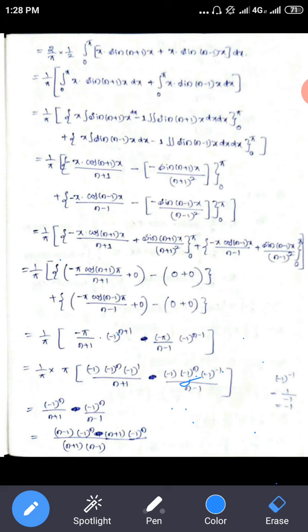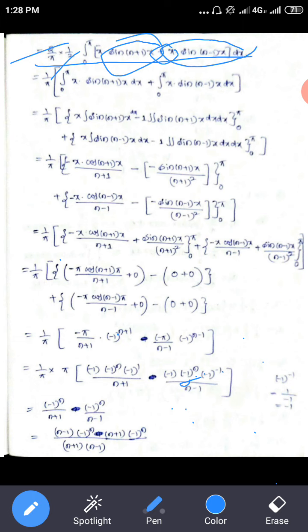So x I'll multiply inside: x into sin of n plus 1 into x, minus x into sin of n minus 1 into x. As in between there is a sign, I'll separate the integration. So these two cancel. 1 by pi, 0 to pi x into sin of n plus 1 into x dx. The next integration is 0 to pi x into sin of n minus 1 into x dx.